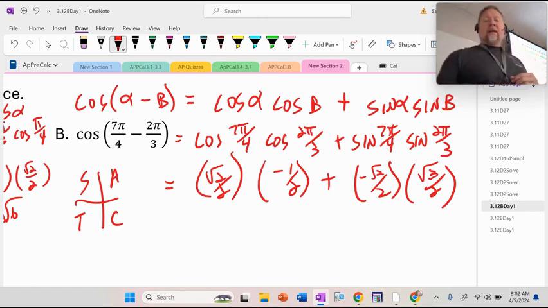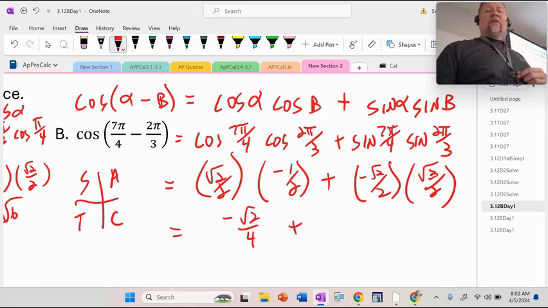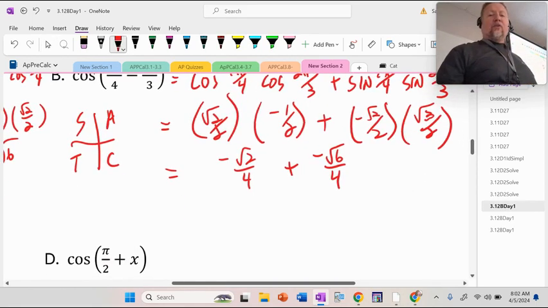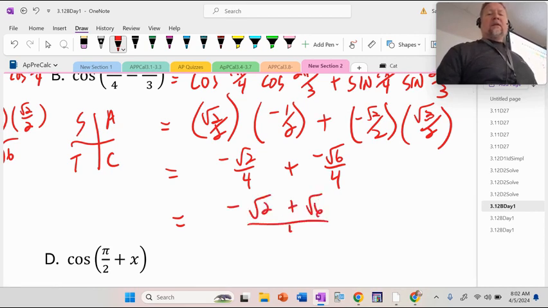And yes, when you exercise these rules and deal with our common trig values of pi over 3s, pi over 6s, pi over 4s, the answers end up being pretty similar. You get a root 2, you get a root 6, you get a 4. This happens a lot. It's because we're in the beginning stages of doing the sum rule, just to practice it a little bit with ratios that you know.